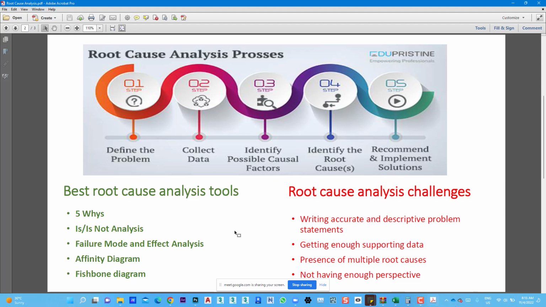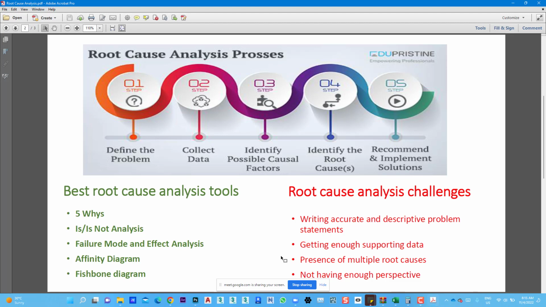And in the root cause analysis challenges, to come up with the root cause analysis and to execute it, the first challenge is writing an accurate and descriptive problem statement.